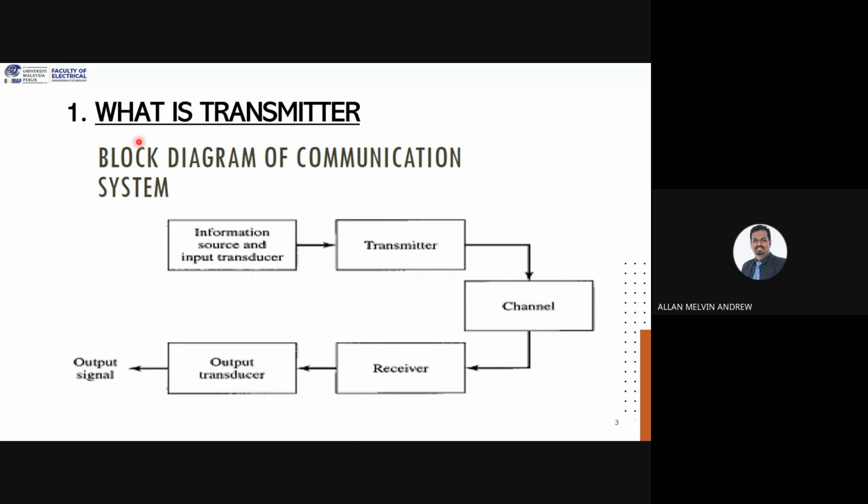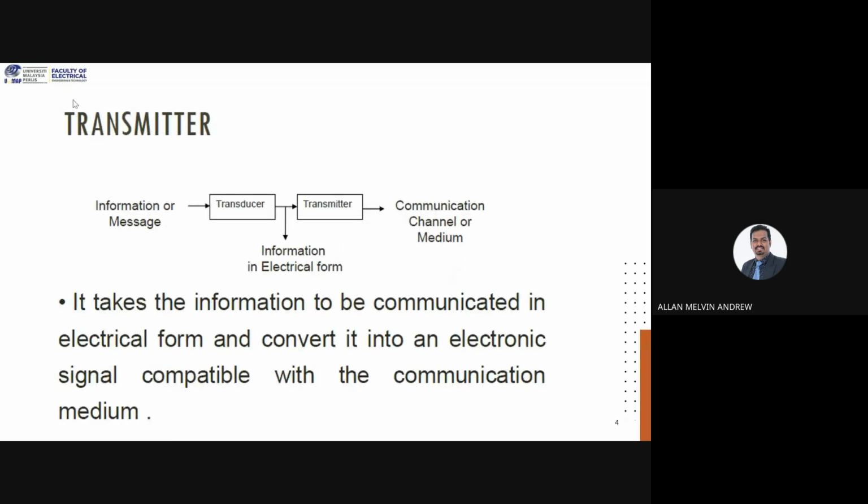So if you see, for a communication to be effective, the transmitter and receiver play a very big role, especially when you want to transmit over a far distance. So again, the information or the message is passed to a transducer. The information will be in electrical form before it is passed to the transmitter.